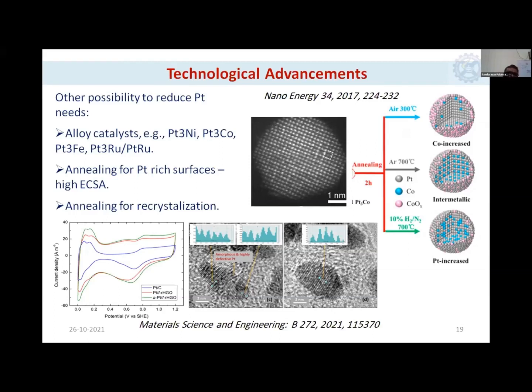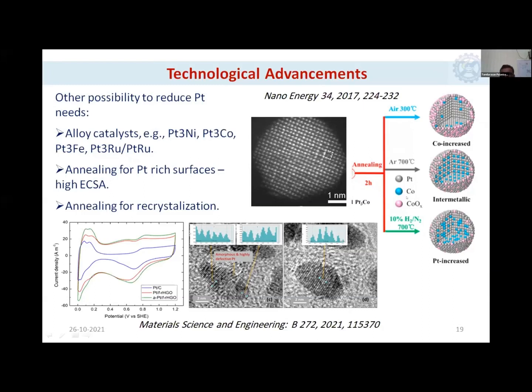If it is diluted, you may ask, once again the available platinum surface area will be reduced so that your actual performance also will drop. But there is a solution for that. If you anneal these nanoparticles at certain temperatures such as 700 or 800 degrees Celsius in some reductive atmosphere... What you're seeing here is, initially you got some nanoparticle and you have annealed it at 300 degrees Celsius under air atmosphere.